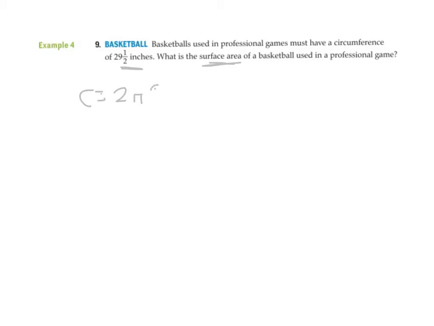Now if you substitute in, this time you've got 29.5 equals 2 pi r. And if you divide through by 2 pi, then you'll get whatever the radius is. So the radius is equal to 29.5 divided by 2 pi, and if you put that in your calculator, you will get 4.7. And that is obviously inches.